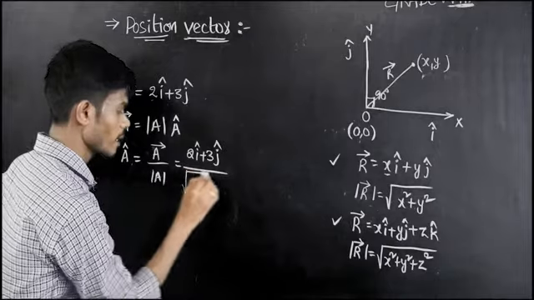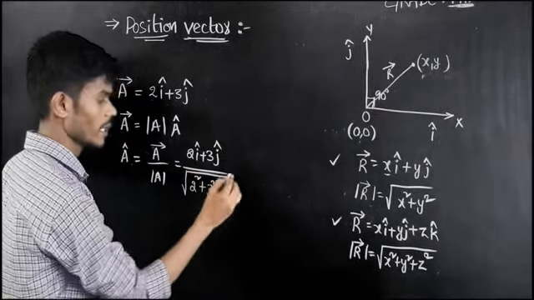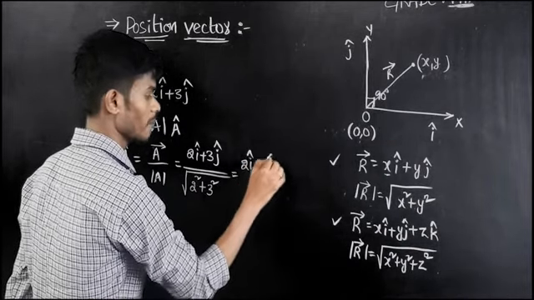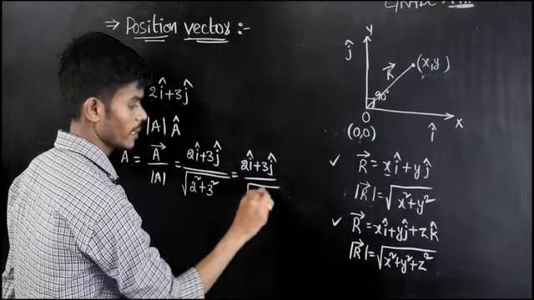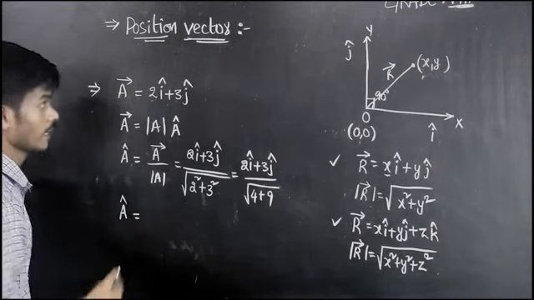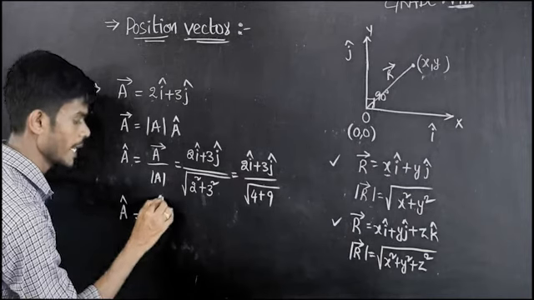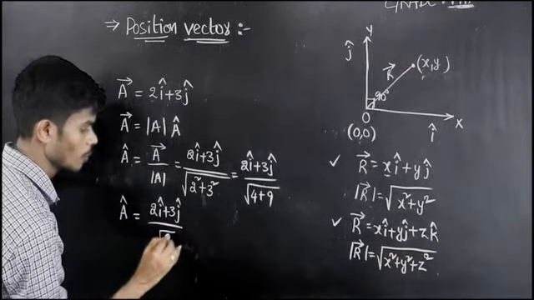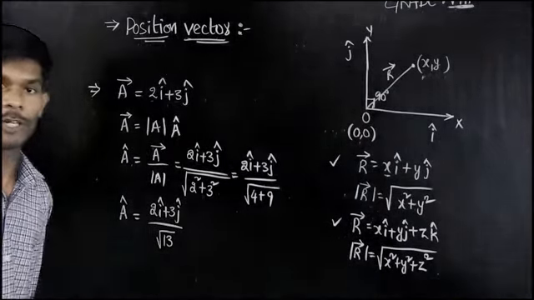So it is 2 i cap plus 3 j cap divided by root over 2 square, which is 4, plus 3 square, which is 9. Then the unit vector along a bar can be written as a cap is equal to 2 i cap plus 3 j cap divided by root 13. So this is the representation of the unit vector.